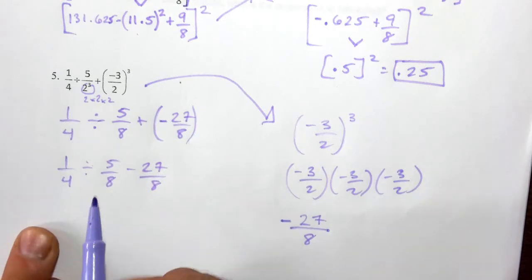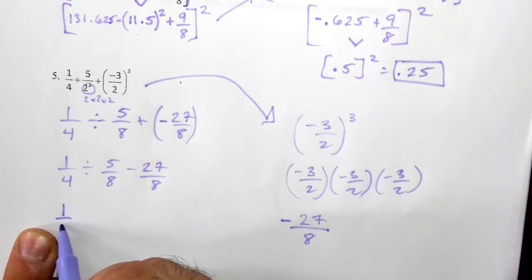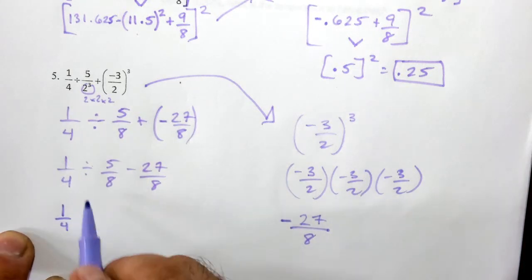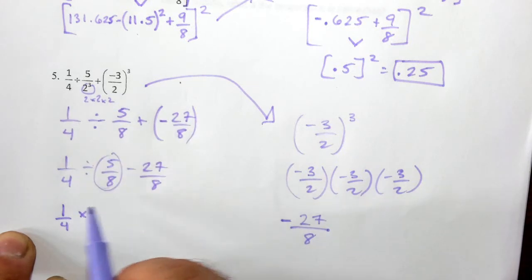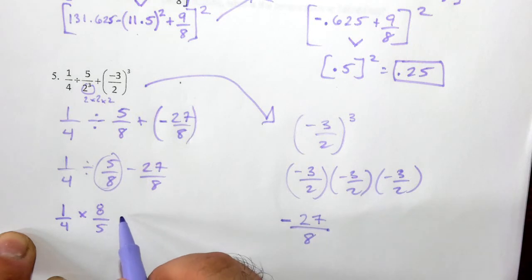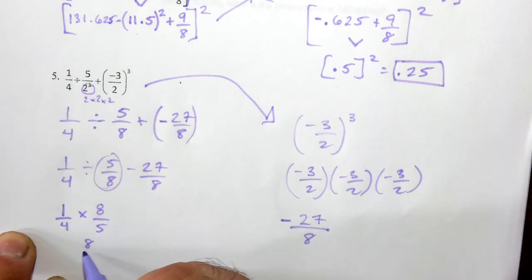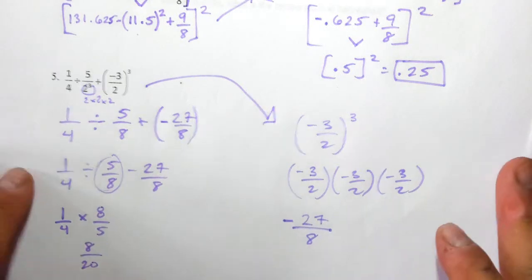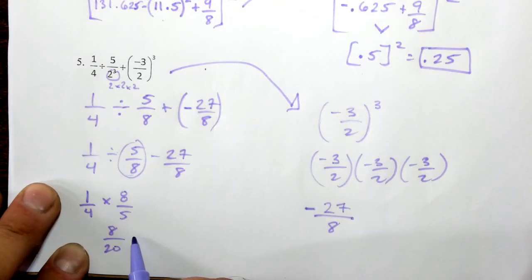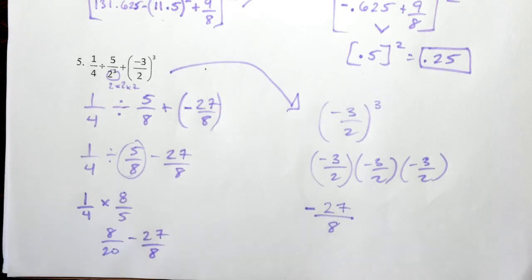When you divide fractions, what you do is you keep that first one the same, you change this to multiplication, and then you flip this fraction. And so this will be 8 over 20. Okay, and we'll bring down this minus 27 over 8.